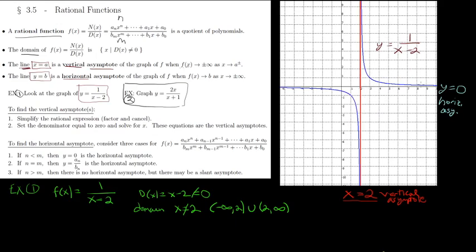Again, it might not be clear in all cases, but you just have to look far enough, either to the right or to the left or up and down, to see what the curve is getting close to. Okay, so that should be graphs of rational functions and their vertical and horizontal asymptotes.